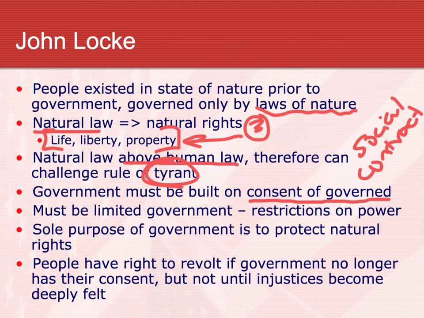That we have to give our consent to what's being done. He calls for limited government, that there have to be restrictions on power. And he says, really, government exists to protect these natural rights. Protect natural rights. It's big. Here's the right to revolt right here. If the government doesn't have their consent, people can revolt.